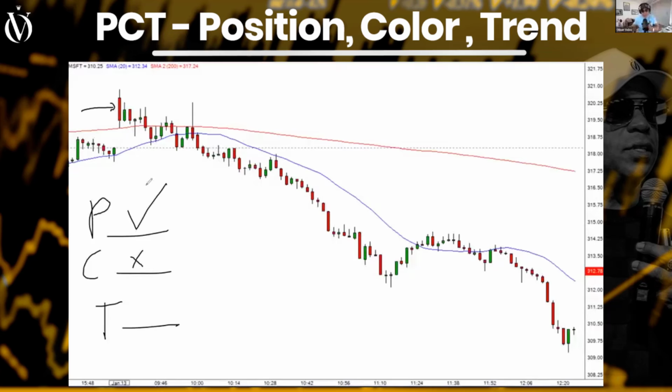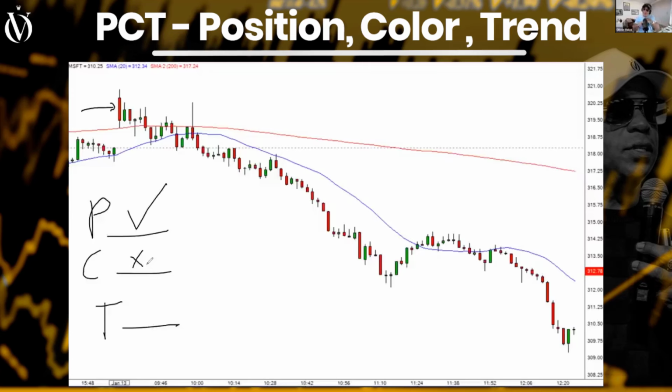Later in the day, we can judge color by the string, by the number. But at the open, you can only judge it by the bar that you have. So the bar I have is red. I don't have color in my favor.